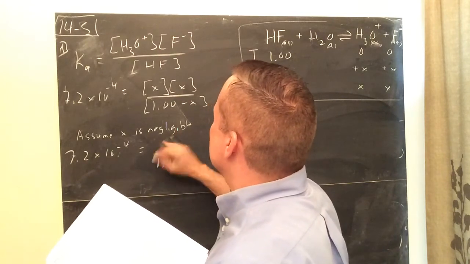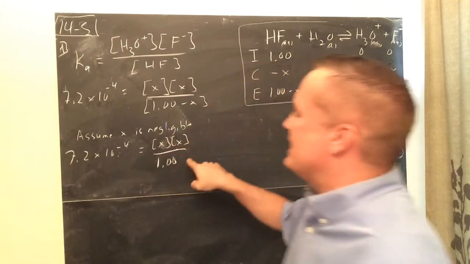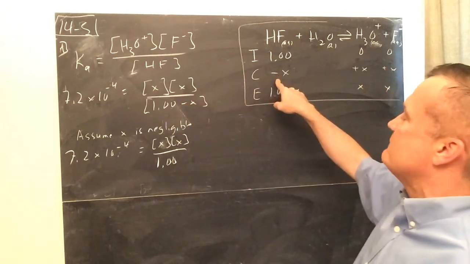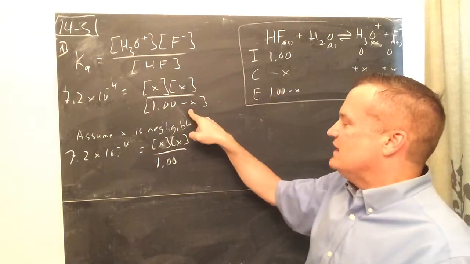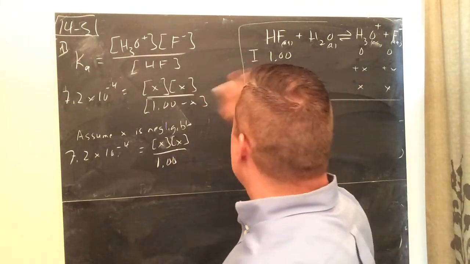Now, I always tell you that when you assume X is negligible, you could jump to X squared. What all that does is remove anything you would subtract, the change, the minus X, or if it were minus 2X or plus X.